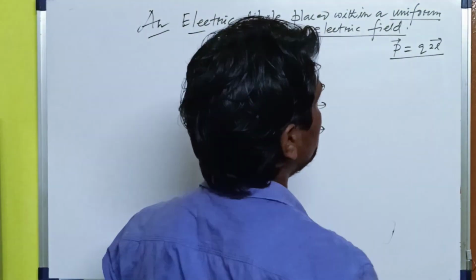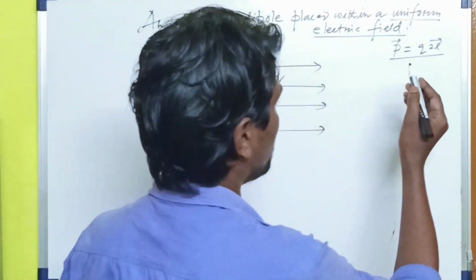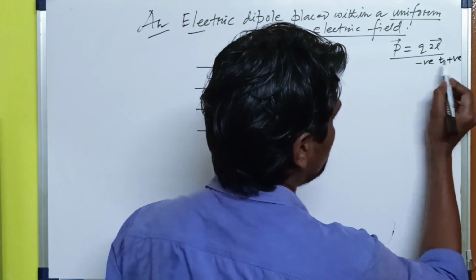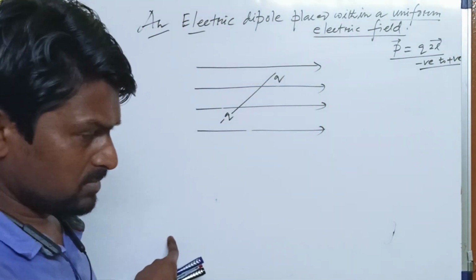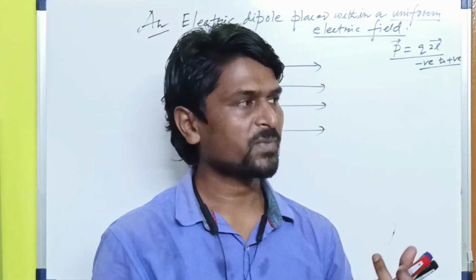So this is dipole moment, and dipole moment is a vector quantity and it is directed from negative to positive, because when a particular physical quantity is a vector quantity, then it means that it possesses magnitude as well as direction.